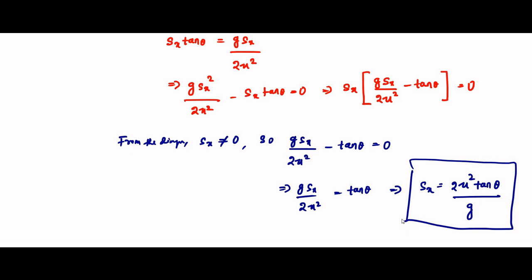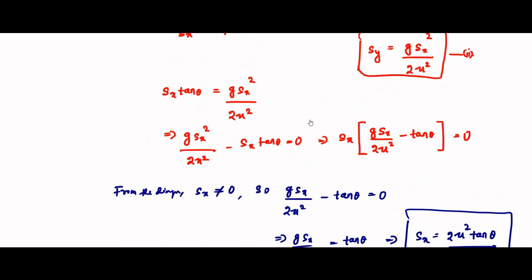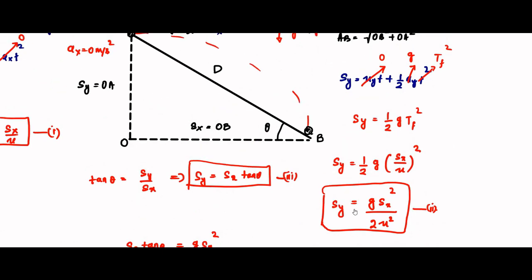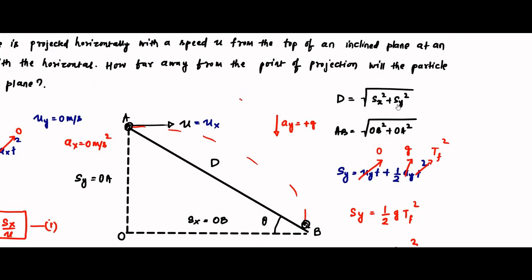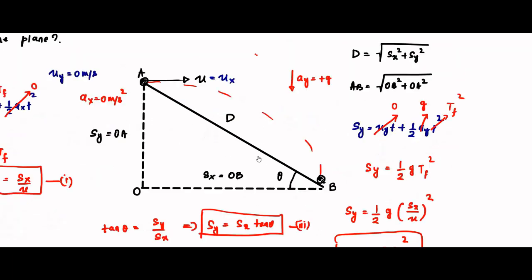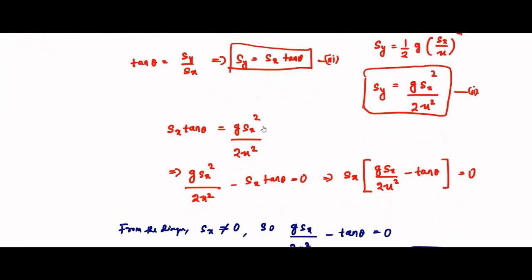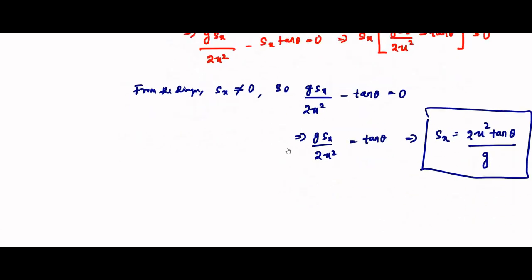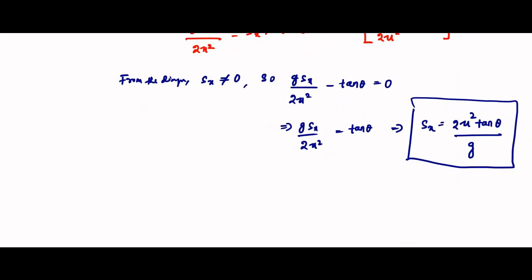Now going back to the expression of d, which we calculated at first, d is equal to the square root of Sx square plus Sy square, using Pythagoras theorem. Here we'll make that substitution.